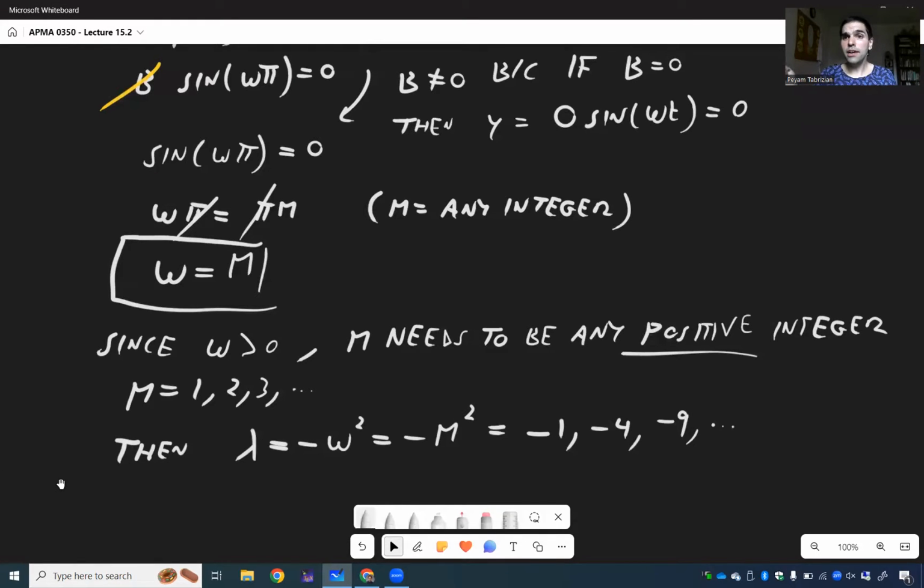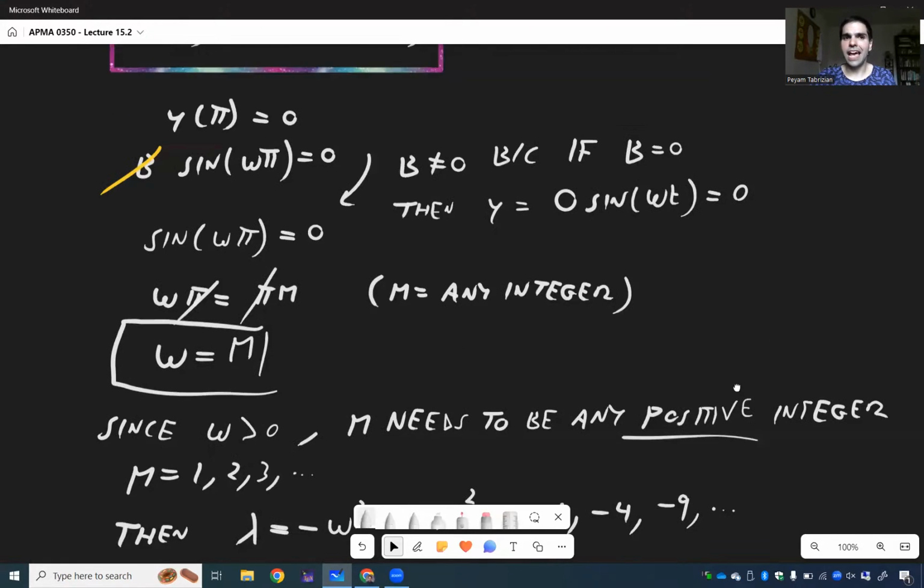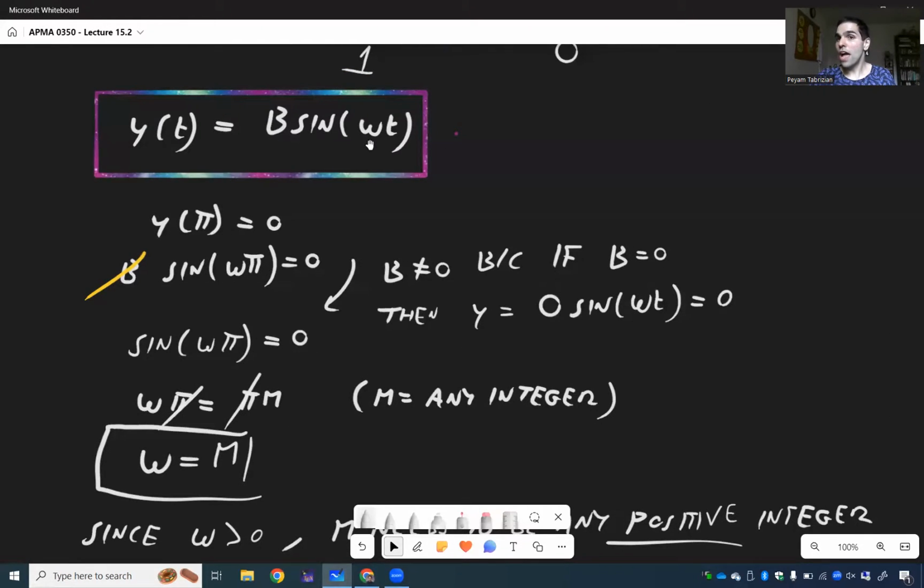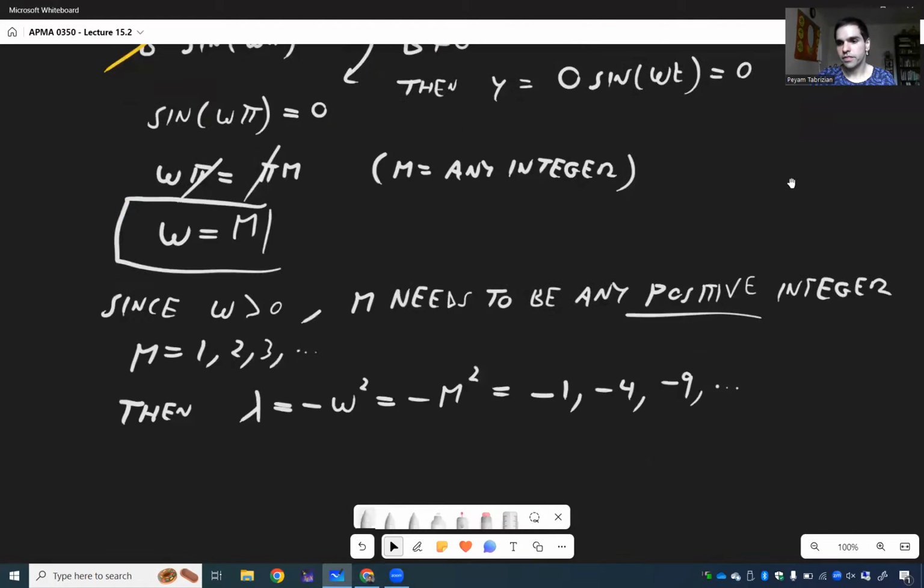That is lambda. What about the solutions? Well, that's where the boxed answer helps us. So for any omega we found, the corresponding solutions are just multiples of sine.